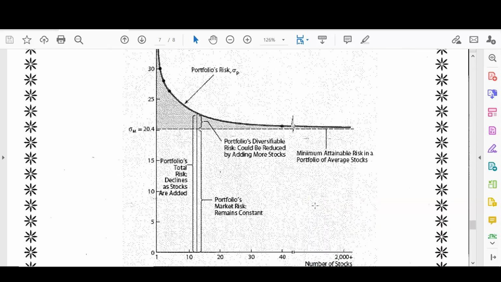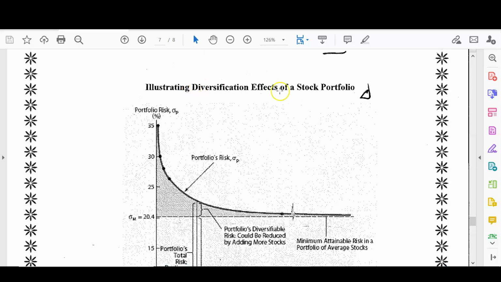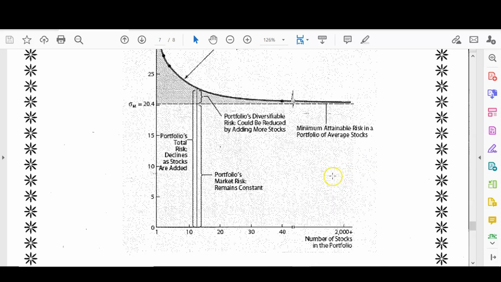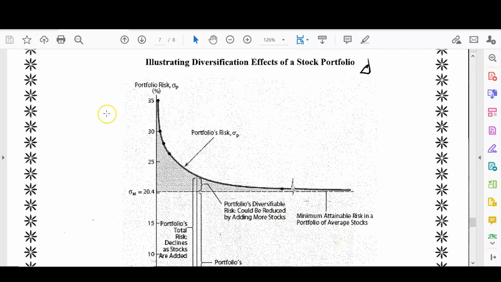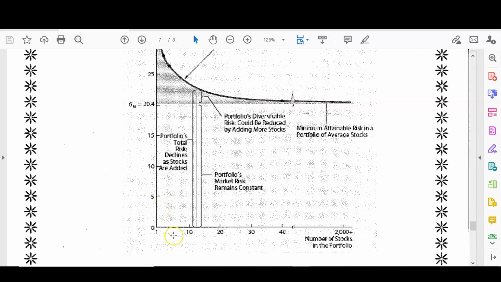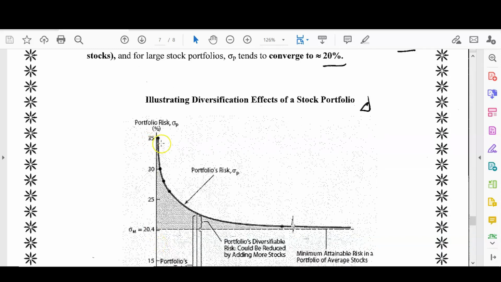Here is a graph showing the diversification effect of a portfolio. X shows the number of stocks in the portfolio, from 1 to 2000, from one stock to many stocks. Y shows the standard deviation, the portfolio risk. When we have one single stock, a typical stock standard deviation is 35%.